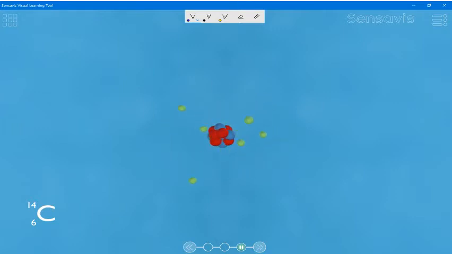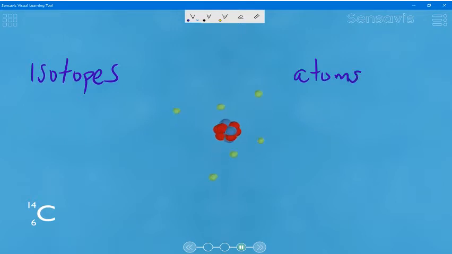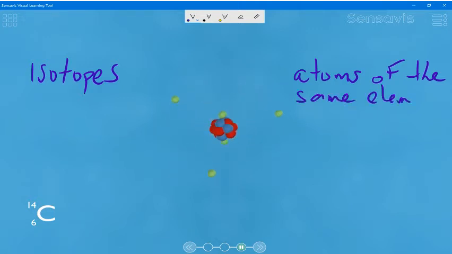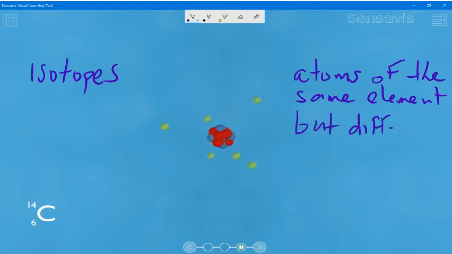The 3 atoms above are called isotopes of carbon. Isotopes. An isotope is an atom or group of atoms of the same element, however they have different nucleon numbers.